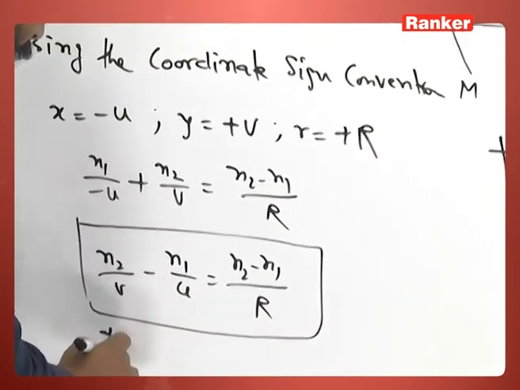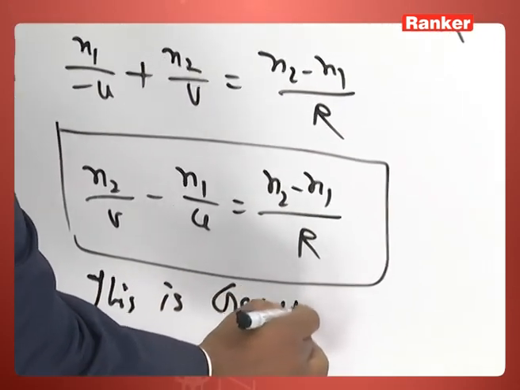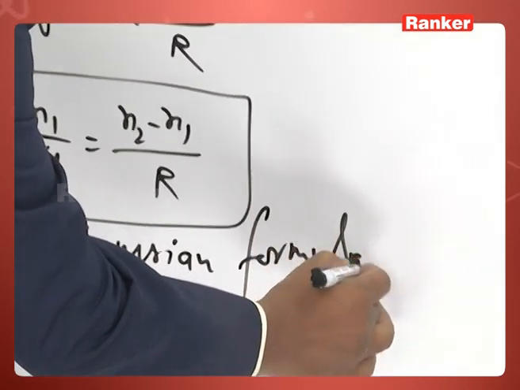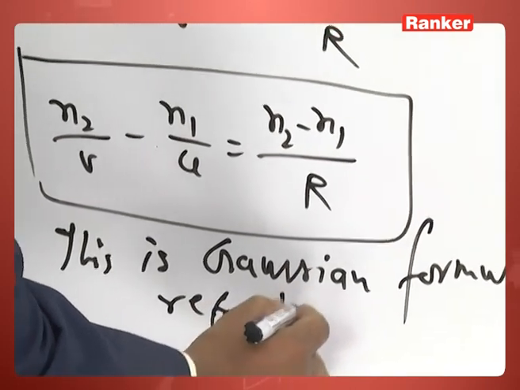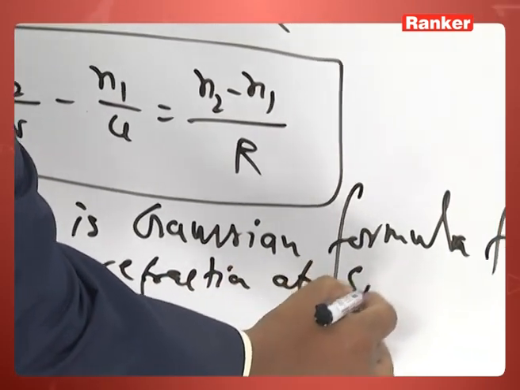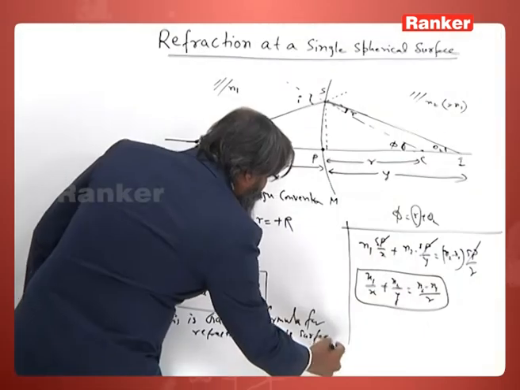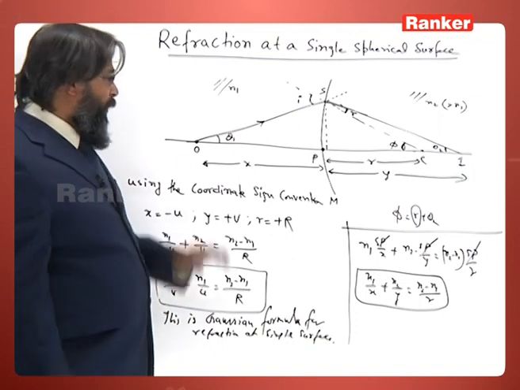So, this is the Gaussian formula for refraction at a single surface. Please take this down, this is very important.